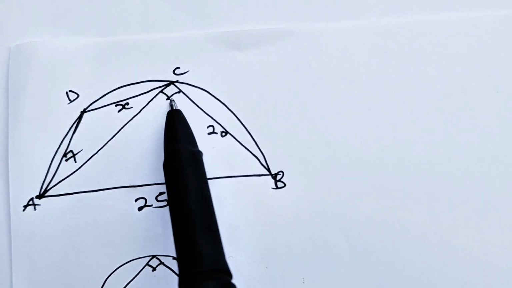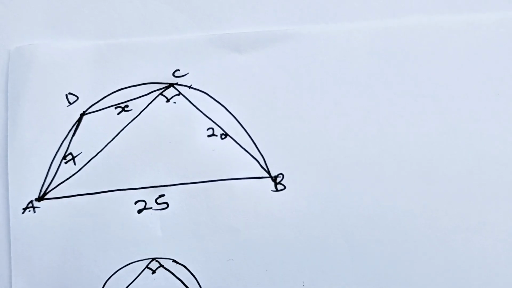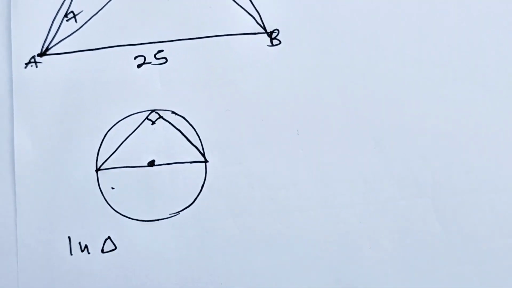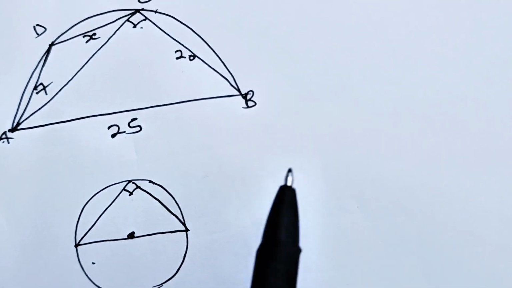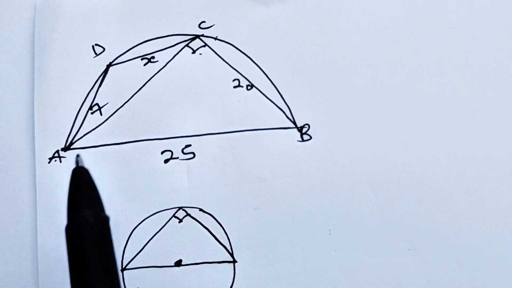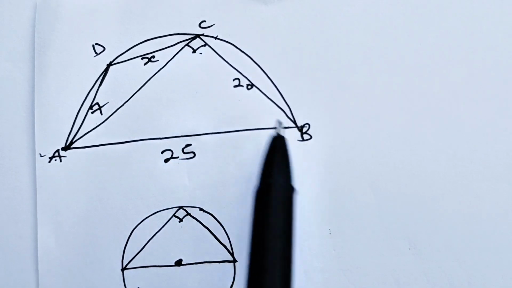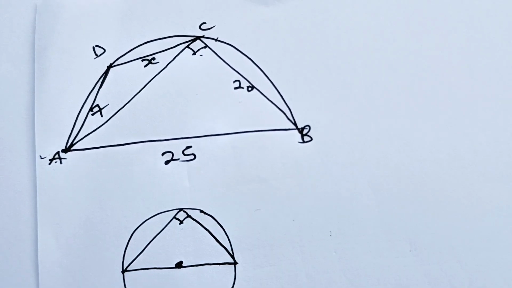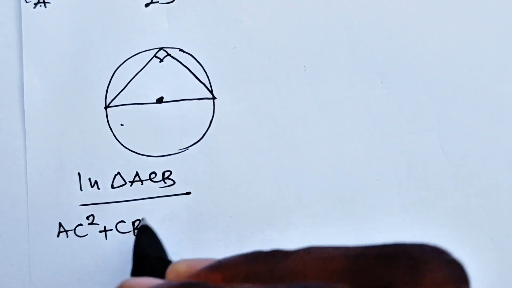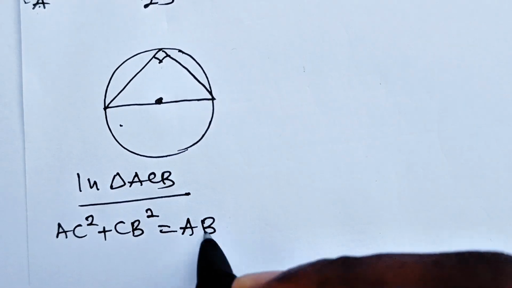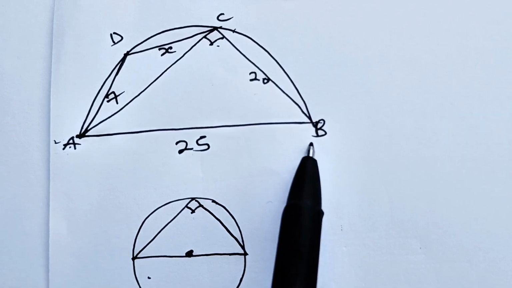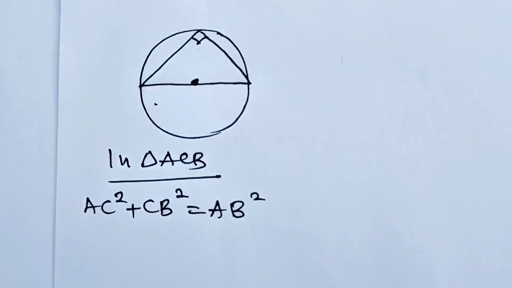Now, if angle C is 90 degrees, we can find AC, right? Using the Pythagorean theorem. So in triangle ACB, AC squared plus CB squared should be equal to AB squared. AC squared is what we are looking for, but CB is 20 and AB is 25.